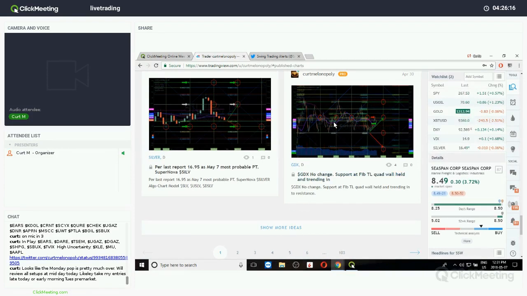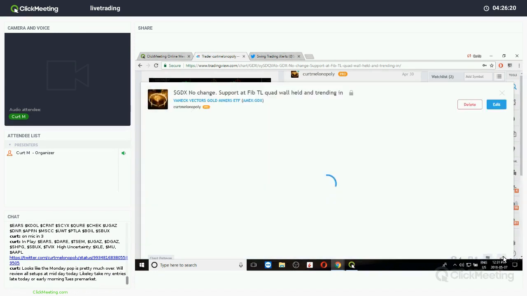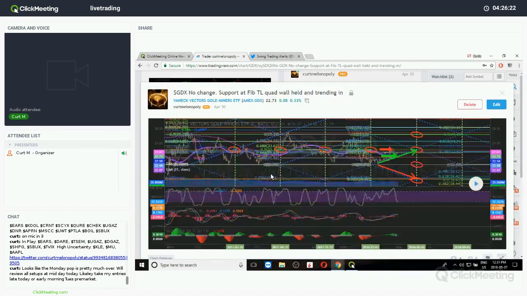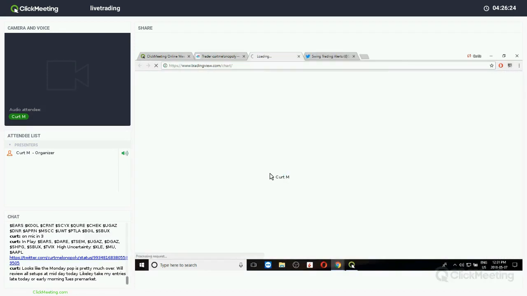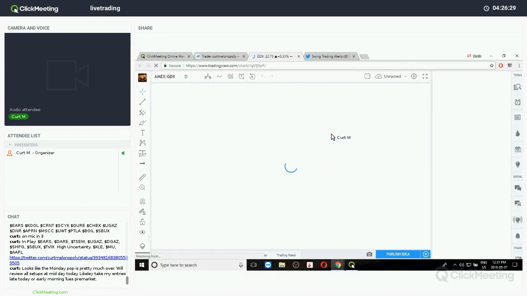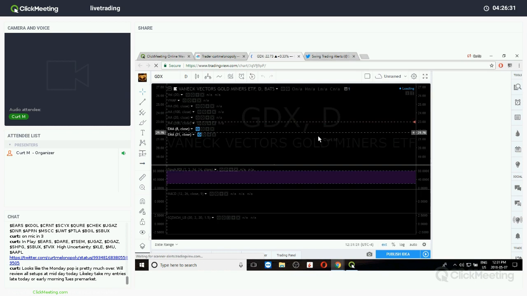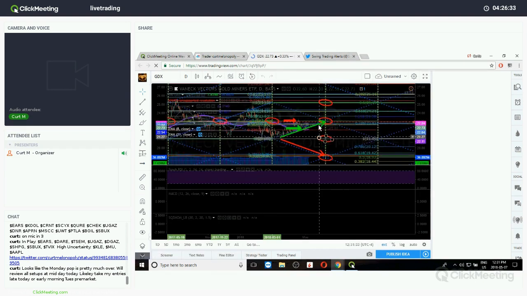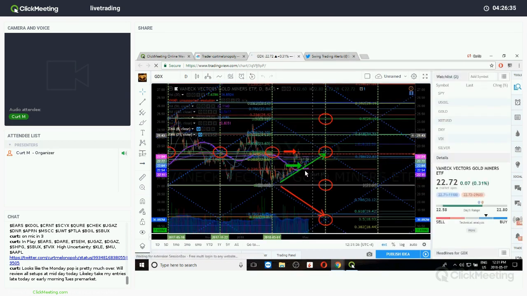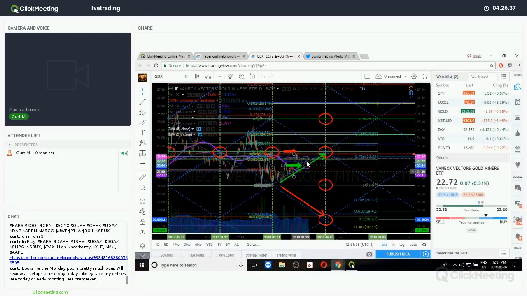GDX, let's take a look at this model here. Okay, so it's hard to see, but it's running up this quad wall here, and it's just under the 200 MA.